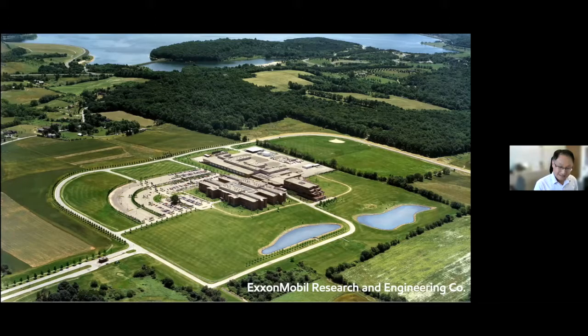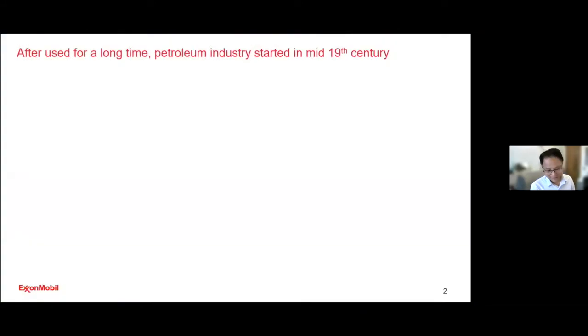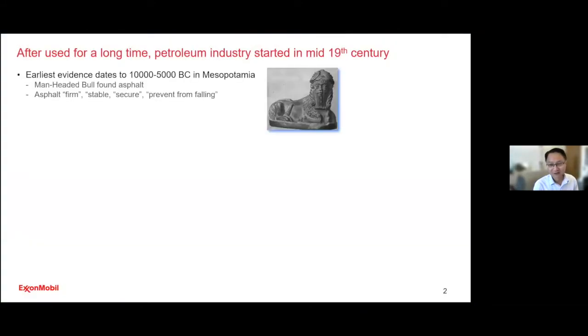So let's get started. Petroleum has a very long history. The earliest evidence of using petroleum probably dates to 5,000 BC. This is a man-headed bull, the Sumerian god. People found asphalt in the eye socket.